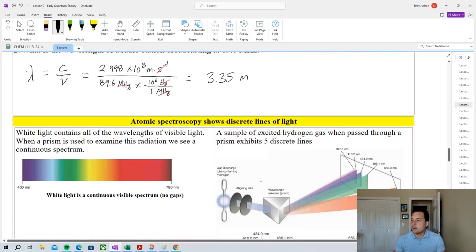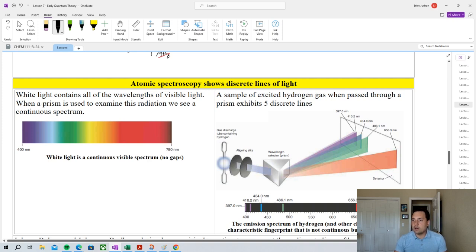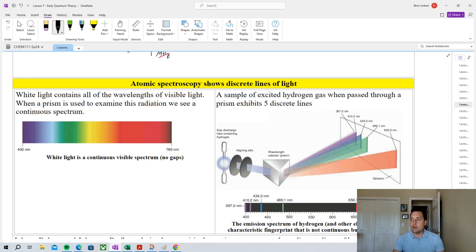Okay, so if I have a source of white light, which means it contains all the wavelengths of visible light that we can see, and I use a prism to separate out all the different wavelengths of that electromagnetic radiation, we'll notice a continuous spectrum.